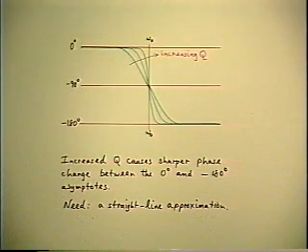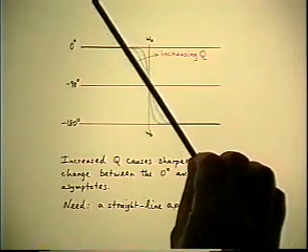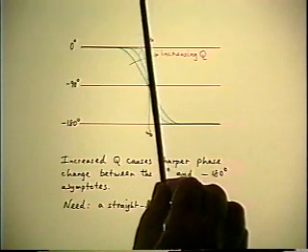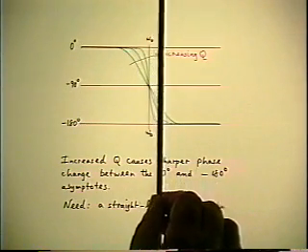And once again, it would be nice if we had an approximate straight line which we could draw in order to match the actual transition.